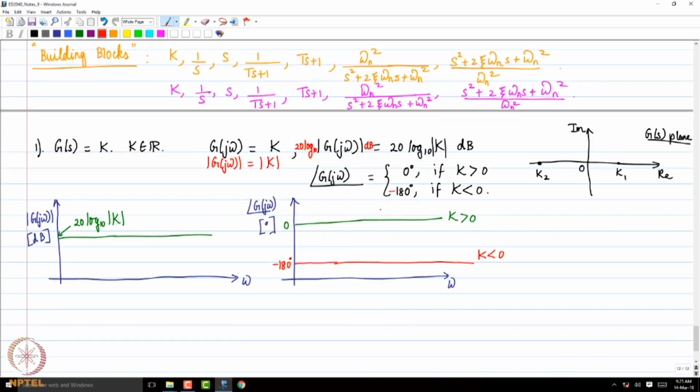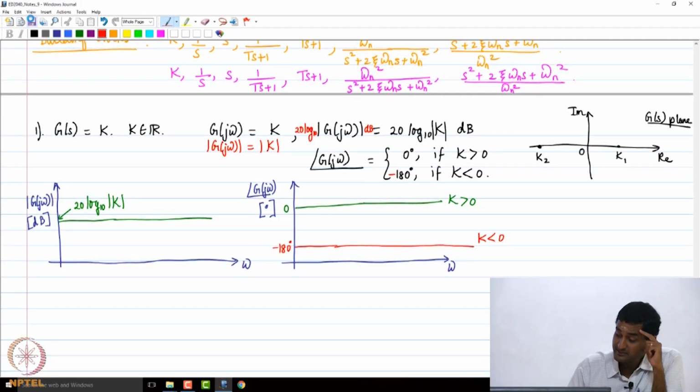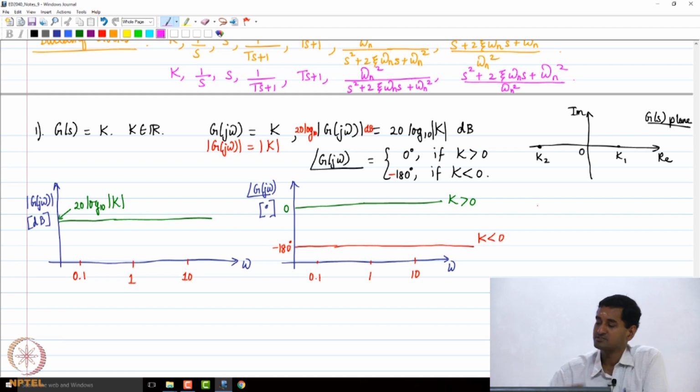Typically what happens is that we take frequency ranges on the abscissa, and here it doesn't matter, but we essentially use what is called a decade.